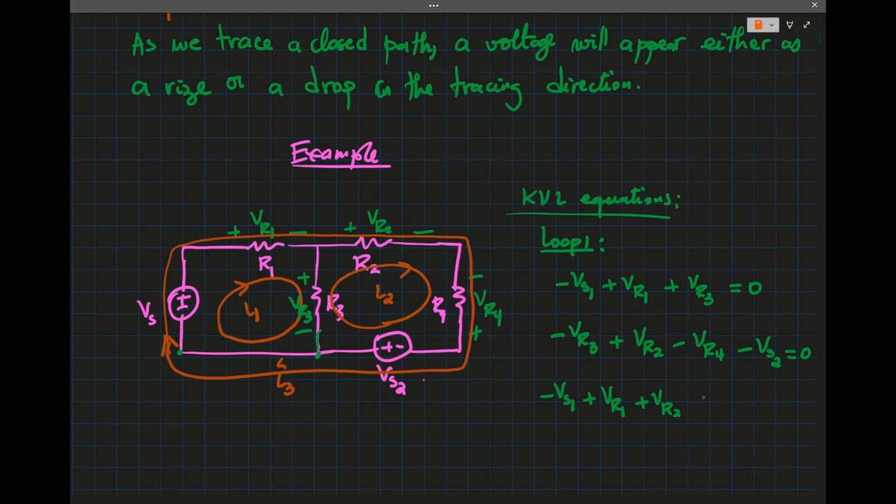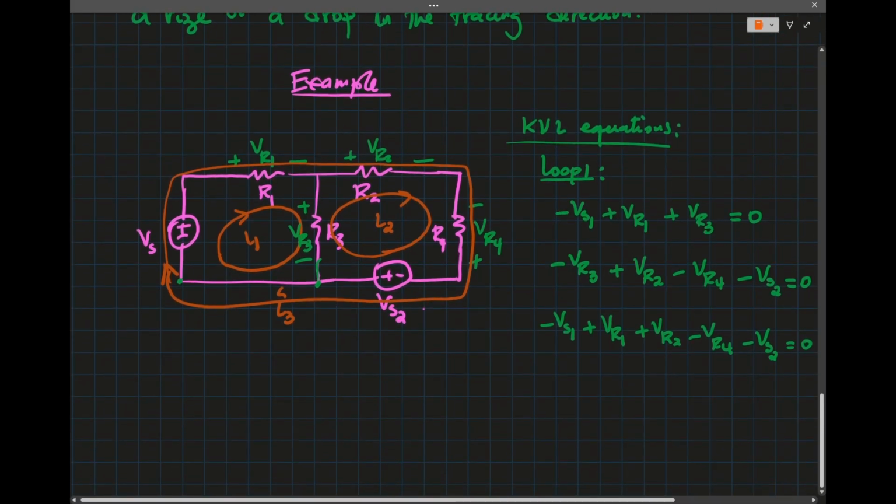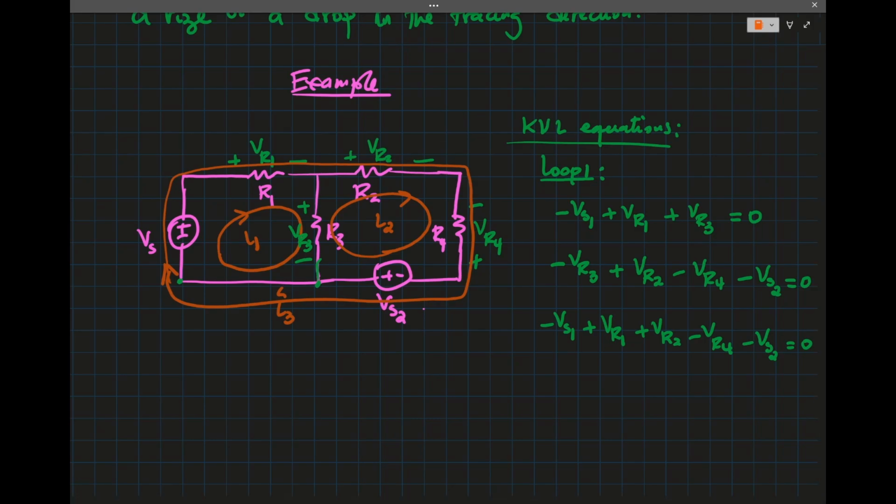Now resistor 4, minus vr4, minus vs2, and that is equal to 0, right? Those are the loops.